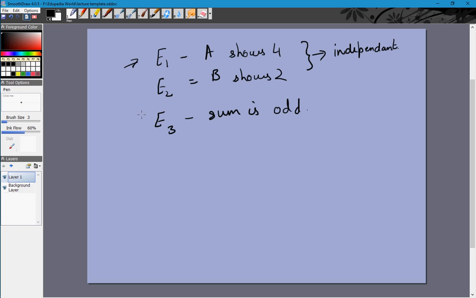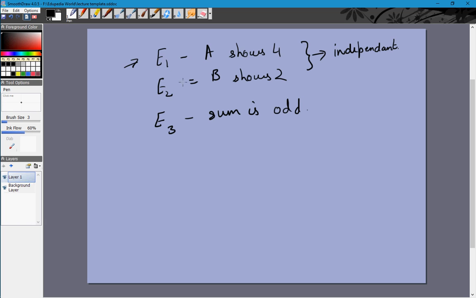The question is then, is the fourth option true? Are E1, E2 and E3 all independent? That is actually not true. They are dependent, and you can easily say that because one of these has to be true. But if you look at it logically, let's say A was not a fair die.